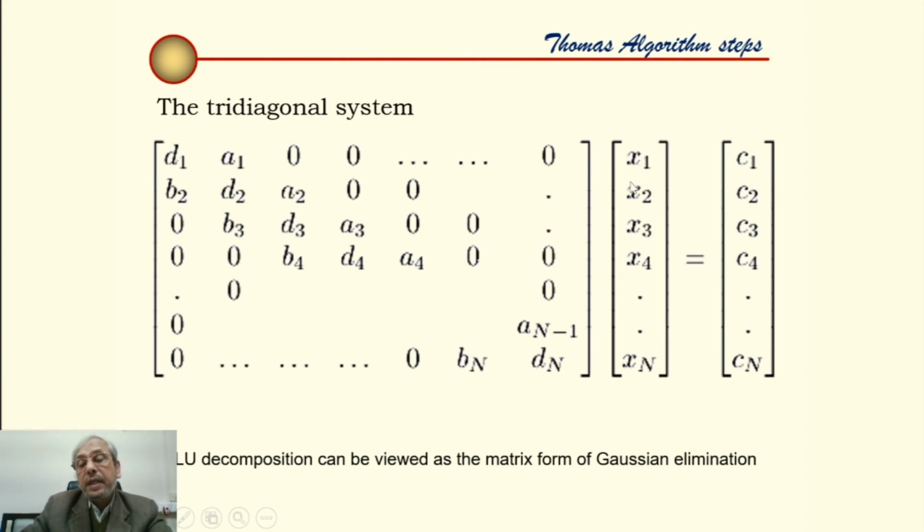And these are x1, x2, x3 up to xn, and the right hand side has all known elements c1, c2, c3, c4 up to cn. Now LU decomposition can be viewed as the matrix form of Gaussian elimination.